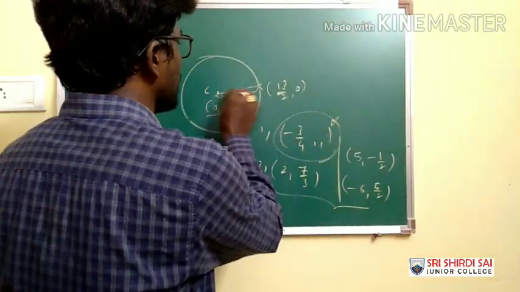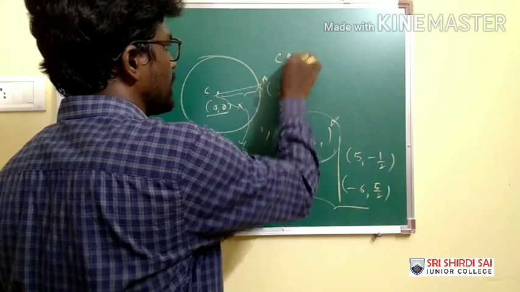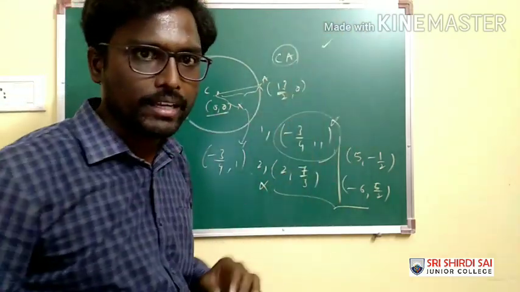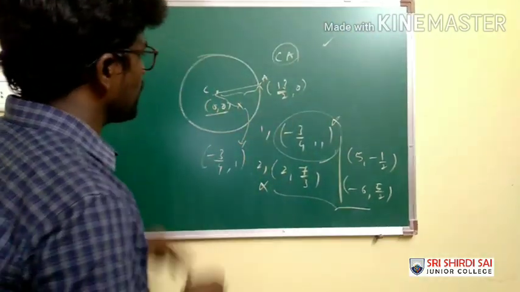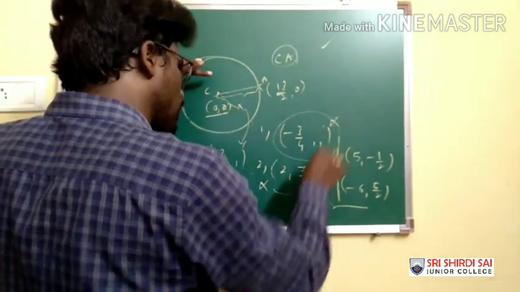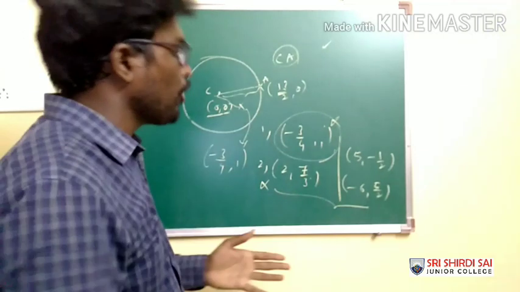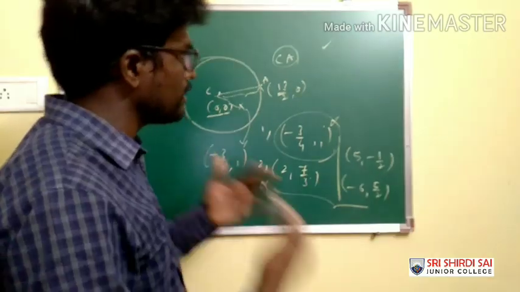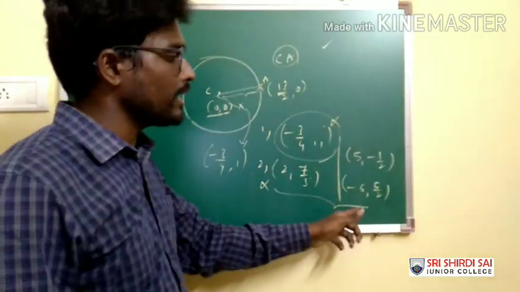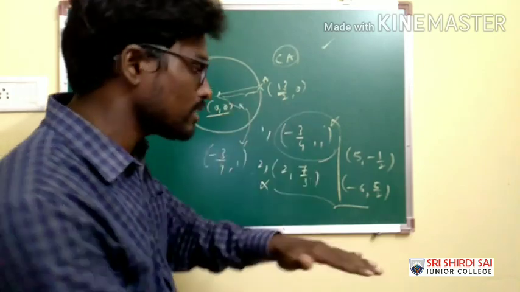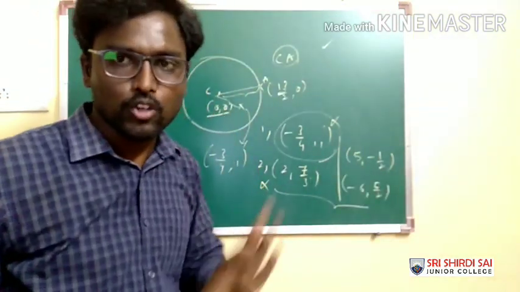First you calculate the radius. Let's say CA is the radius. Then you calculate the distance between 0 and all these 4 points. For the point where you get a length greater than the radius, that point lies outside, meaning it will not lie inside. Hope you got it.